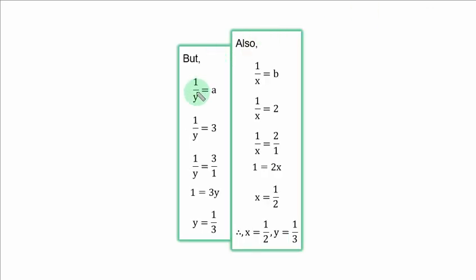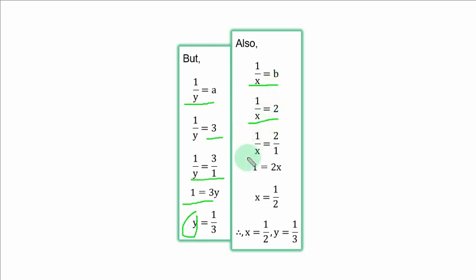But we have it that 1 over y is equal to a, and a is equal to 3. You can write 3 as 3 over 1 to enable you cross multiply. You have 1 equal to 3y. To get y, divide both sides by 3, and y is equal to 1 over 3. Also, 1 over s is equal to b, and b is equal to 2.